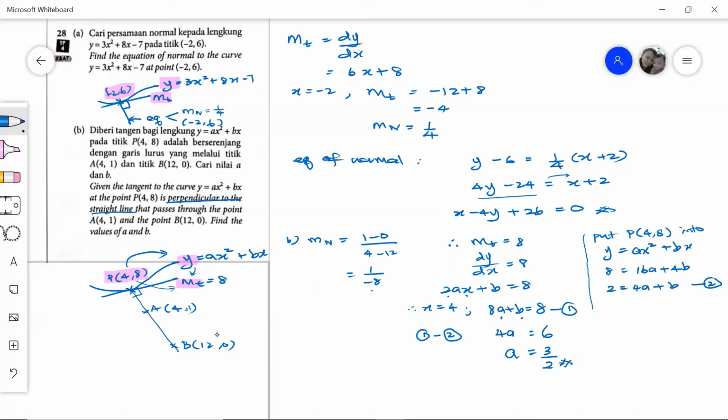So we found a, and then from equation 2, 4a plus b equals 2. Simplify this, 4a is 6. So b equals 2 minus 6. That is negative 4. So we found the answers for a and b. That's it for question number 28.